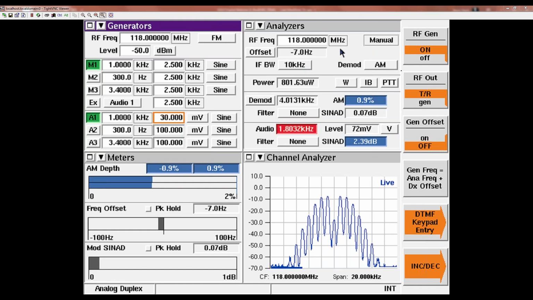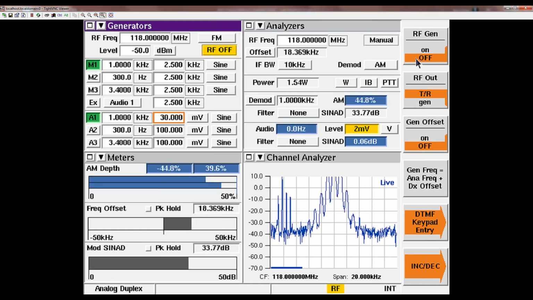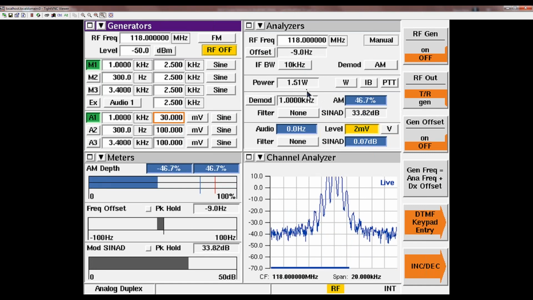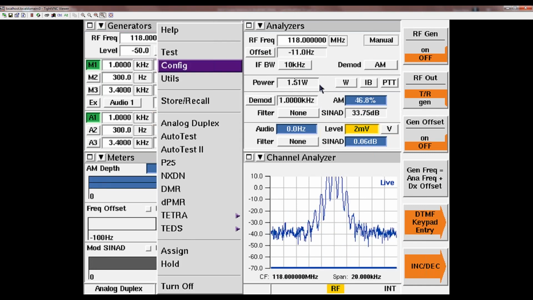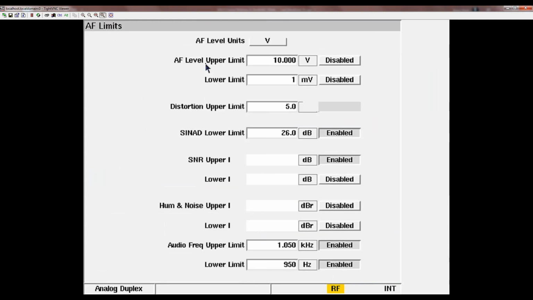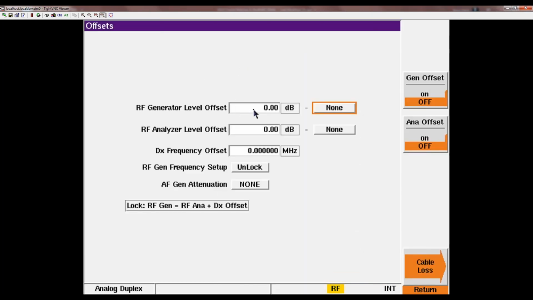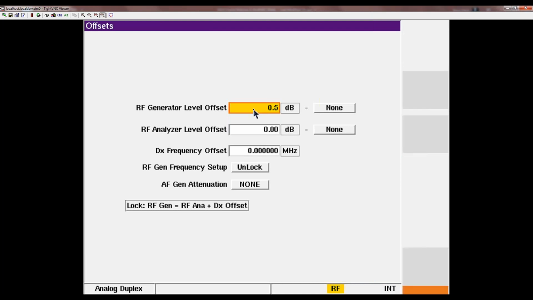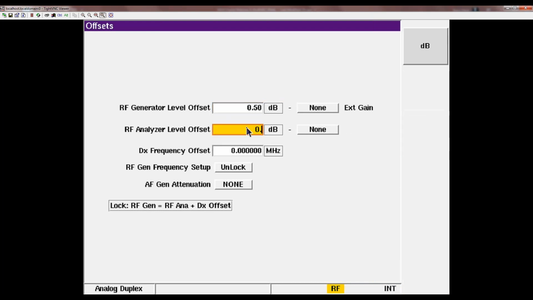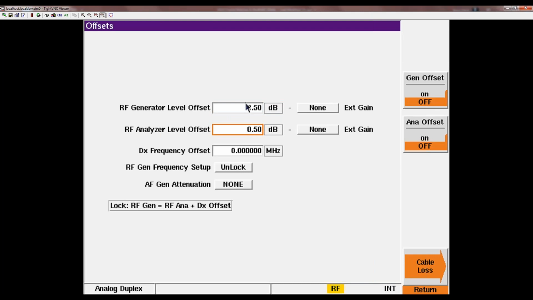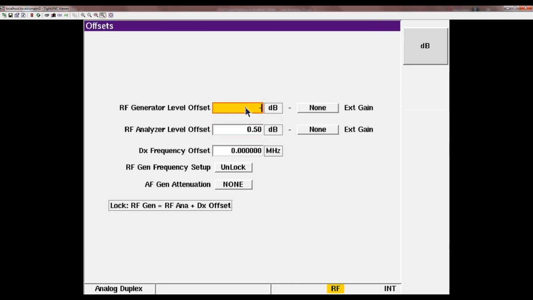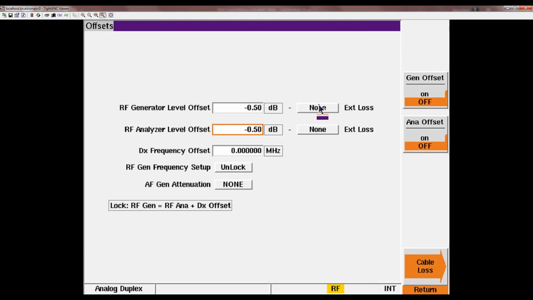If I may, let me turn off my generator and actually turn on my real radio. Okay, hopefully that's going to settle down. It's about 1.5 watts, but as you say, I don't have any cable loss in there. Under config, one of the things I can do is offset. My cable I think is about 0.3 dB at VHF. Anyone see what I did wrong there? I made it positive, so it was gain. I don't have an amplifier.